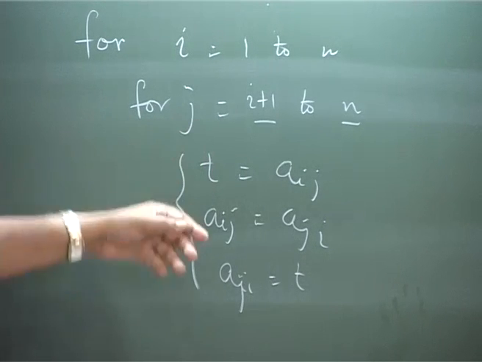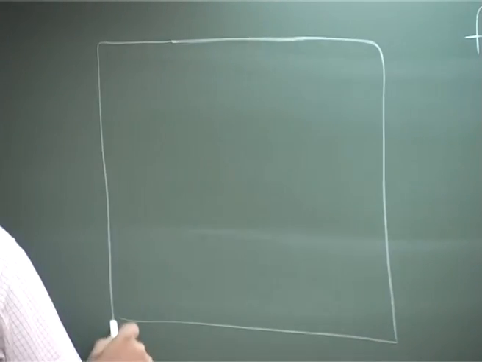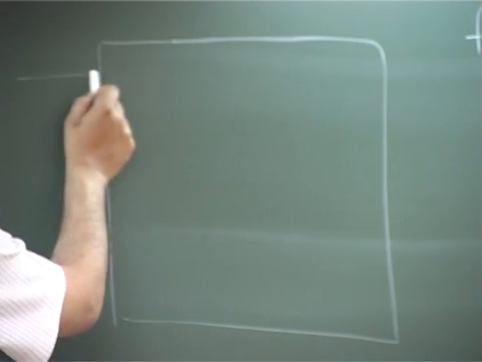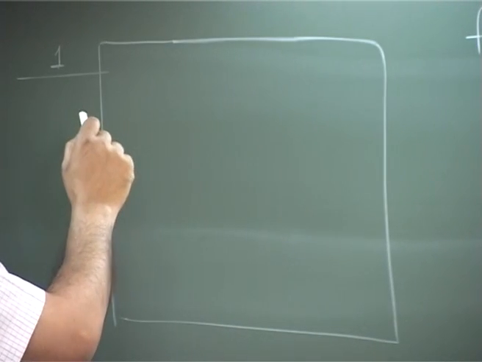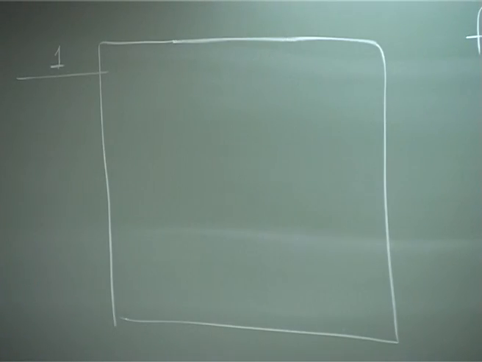Now, if I tell you to write a parallel algorithm on the shared memory model, suppose you have n processors, and this is the matrix of size n cross n. Tell me, by now you should have some idea.